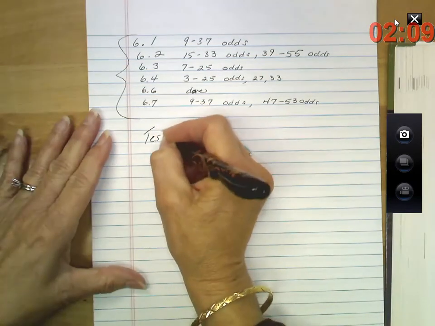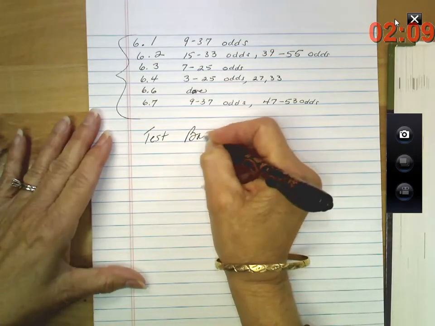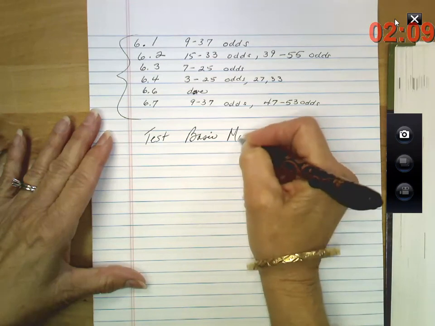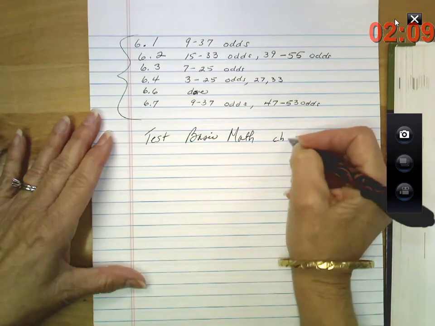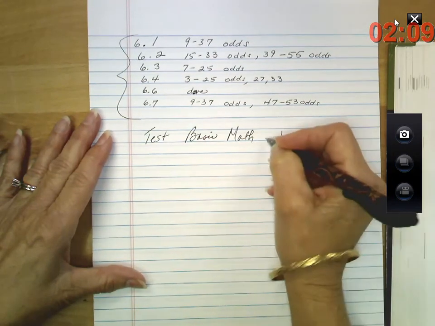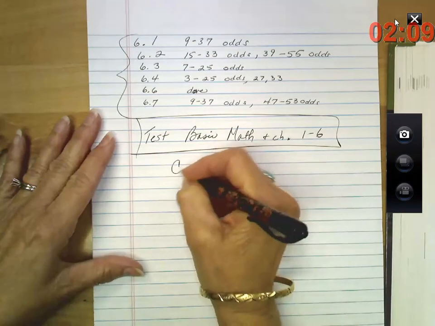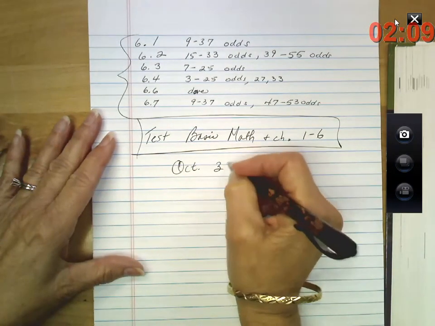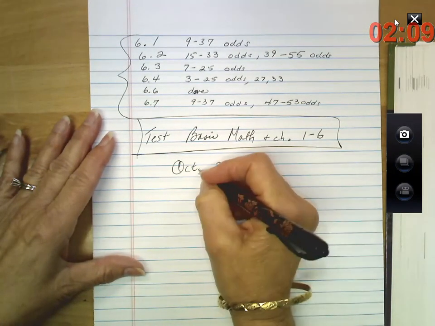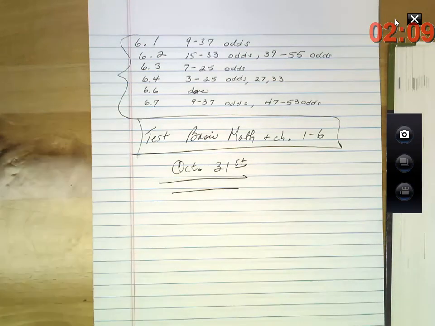Okay, so when we come back again, and this will be on October the 31st, right? Okay, all right. Now, if you have any questions in between now and then, just text me, show me the problem, I'll show you how to work it, send you a picture back or whatever.